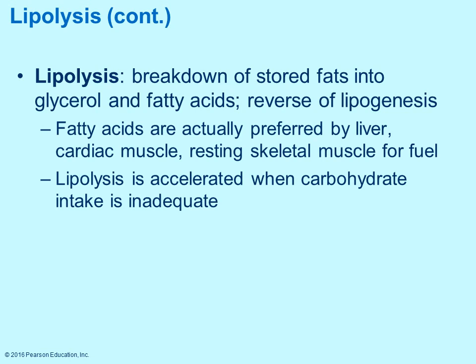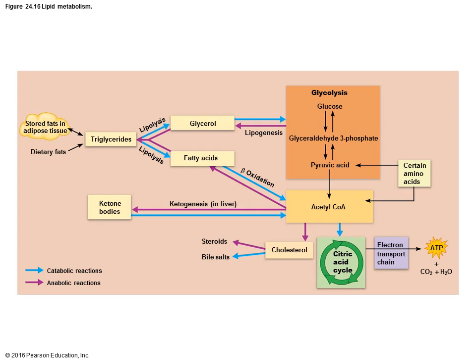At the cellular level, when the cells need energy, its first choice is always going to be carbohydrates. If carbohydrates are not available in any form, then what the cell will do when it needs energy is it will then revert to breaking down lipids. And so that's what's saying, when the carbohydrates aren't available, then you start to get the lipid or the fat breakdown.